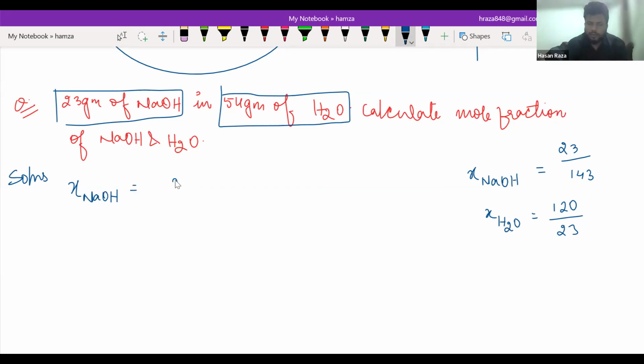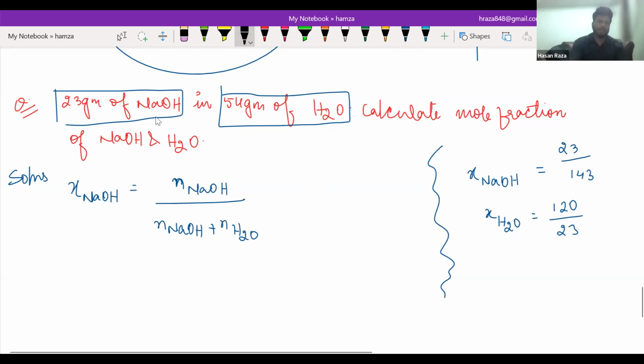Mole fraction of NaOH will be equal to number of moles of NaOH upon number of moles of NaOH plus number of moles of H2O. But most importantly, number of moles is not given directly, but its mass is given. Oh, maybe you are correct.